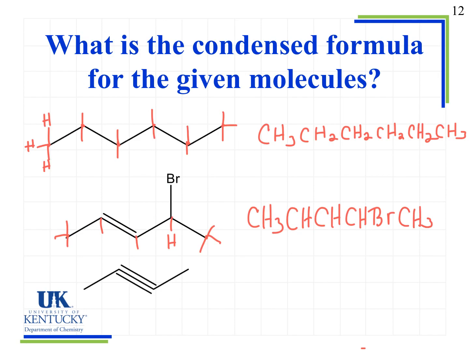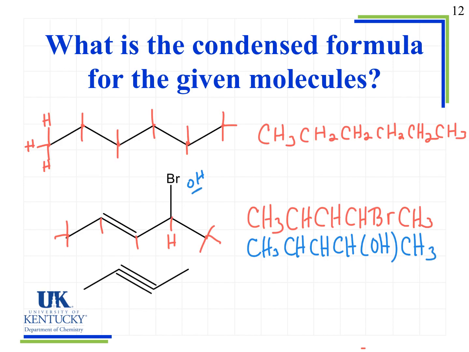Now I mentioned that the bromine did not need parentheses around it or anything. If we had had an OH group there, for example, then we would have included parentheses to show that that group was off to the side. So had that Br been an OH, and I'm going to draw that, the condensed formula would look like this.